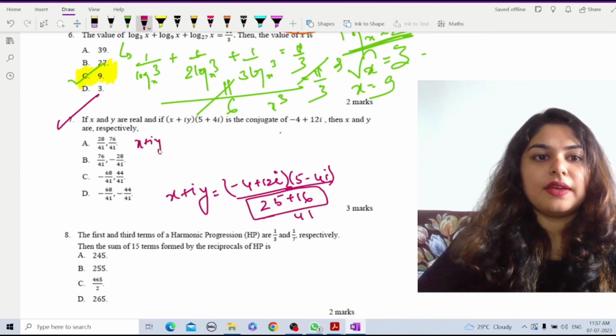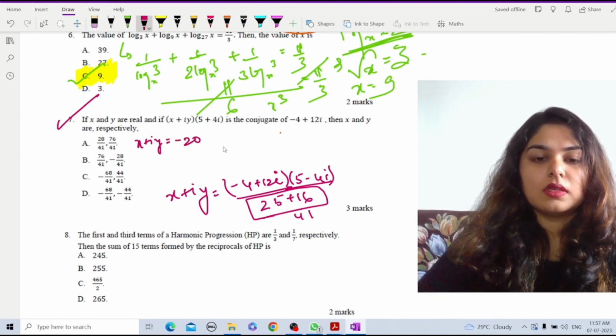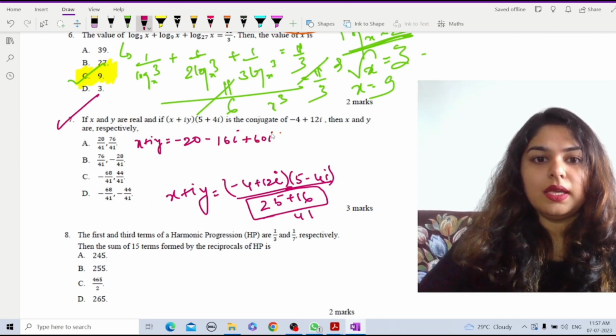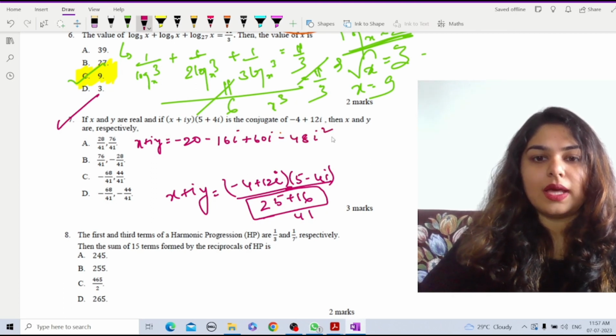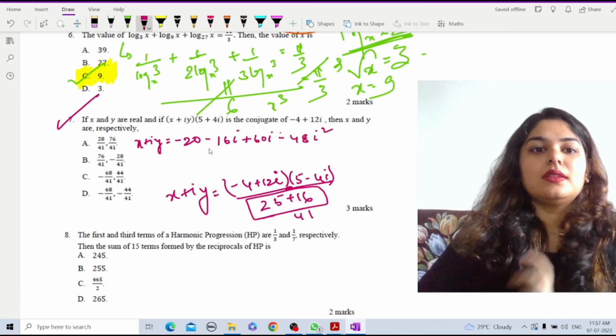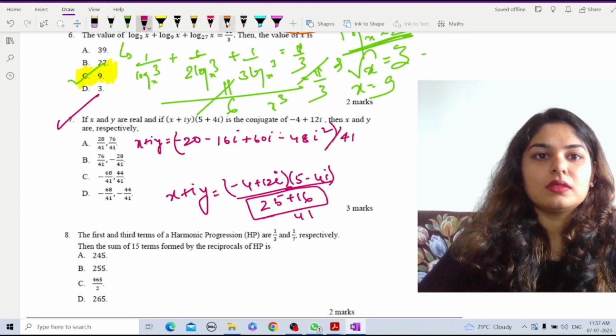So we have x plus iy is equal to minus 20 minus 16i plus 60i minus 48i square, and this is whole divided by 41. Now let us simplify this. If we simplify this, what do we get?